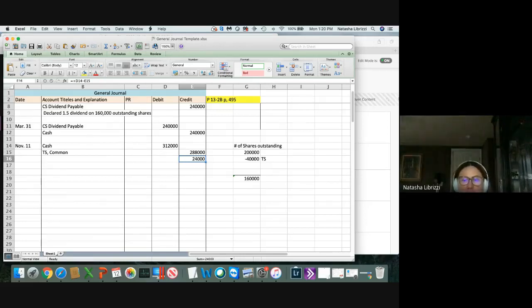Remember, I said we cannot have gain when we sell our own treasury stock. So what we do, we put it into paid in capital excess of treasury stock. So we're going to put the excess there, and we did not sell all of the stock that we bought, 40,000, so we might need that money later.